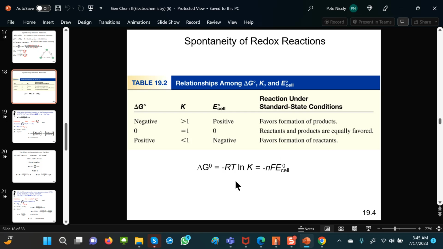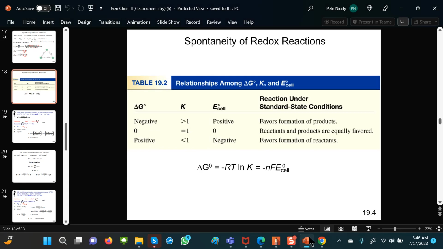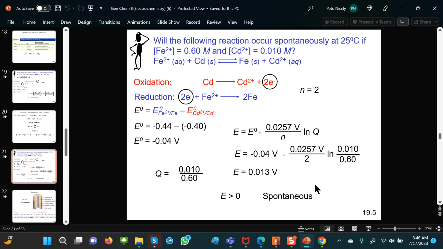So basically, I'm just proving this part to be true, based on what we said about the relationship between Q, the reaction quotient, and the E here, and the fact that when Q is equal to K, E is equal to 0. Okay, so much for that. Let me go back to the PowerPoint and see what I need to talk about next.